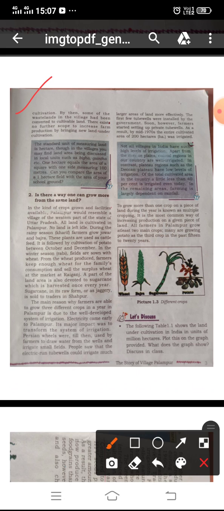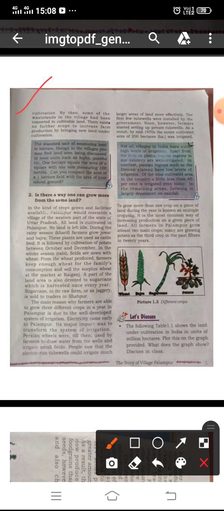In the Kharif period, farmers grow jowar and bajra, which are used as cattle feed. After that, from October to December, the farmers have an opportunity to sow potatoes, and just after that they get the production of potato. Now in the winter season, they once again sow wheat and produce wheat.